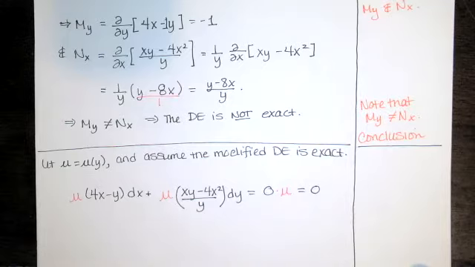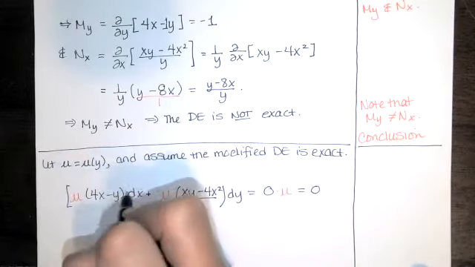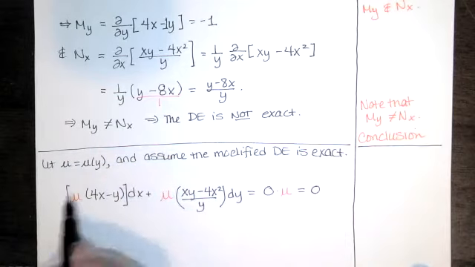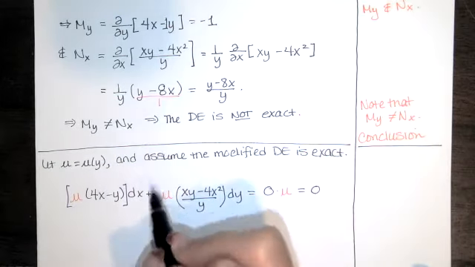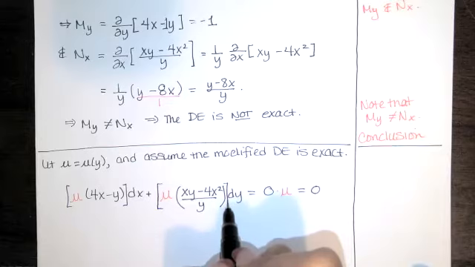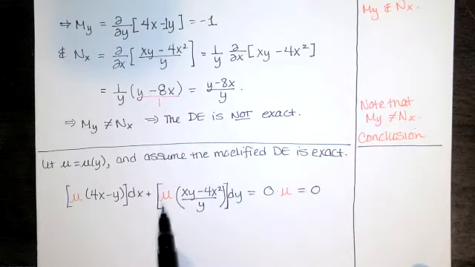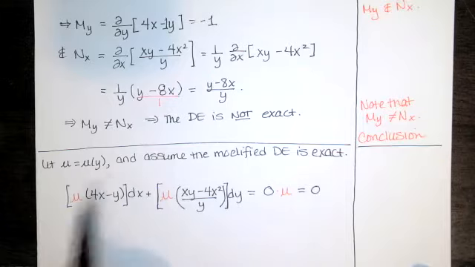If it is exact, then the partial derivative of this function that's multiplying dx with respect to y has to equal the partial derivative of this function with respect to x.